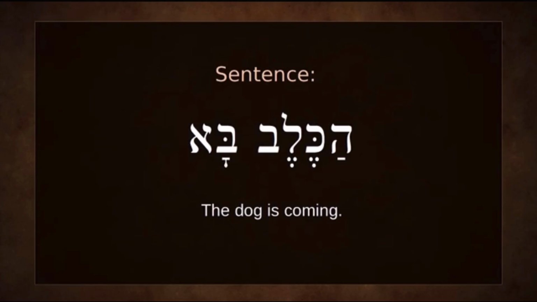We can add this definite article to our sentences now. Before, we had the sentence kelev ba, which means a dog is coming. Here we have ha-kelev ba, which means the dog is coming.